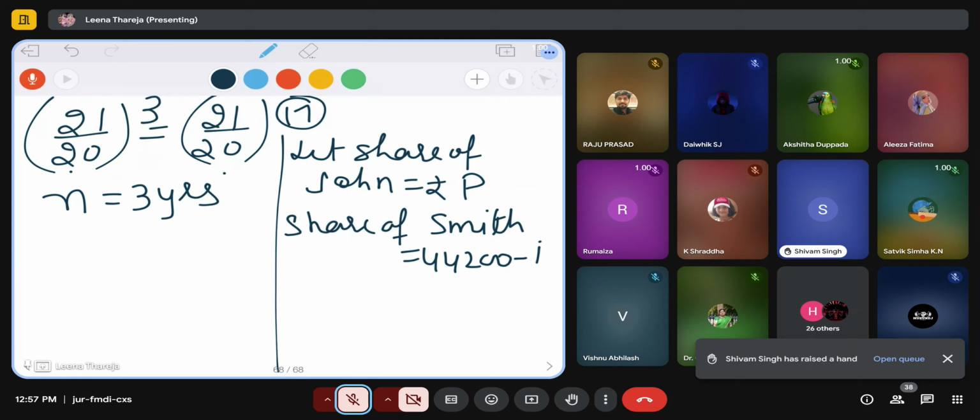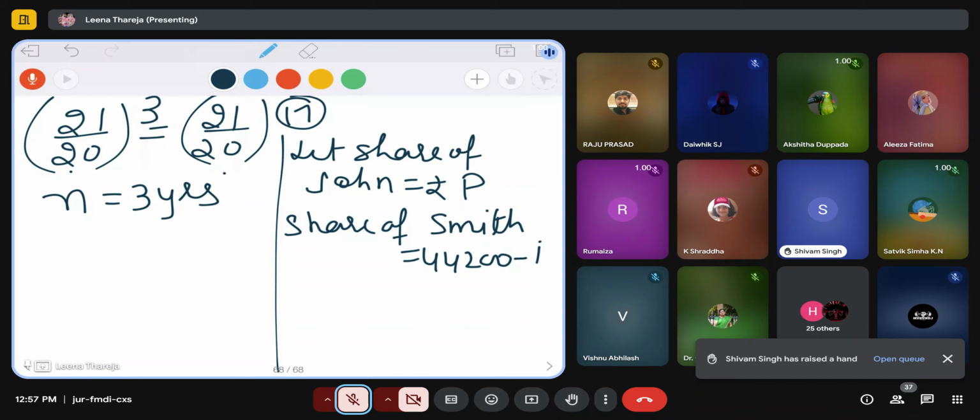Now, according to the question, they are asking us to calculate their amounts when their age will be 16 years. At present, John is 12 years. How much difference is there to reach 16 years? 4 years, ma'am. And for Smith, how much difference is there to reach 16 years? 2 years. But when they reach 16 years, they receive an equal amount, correct?